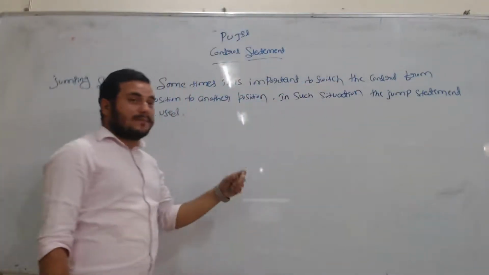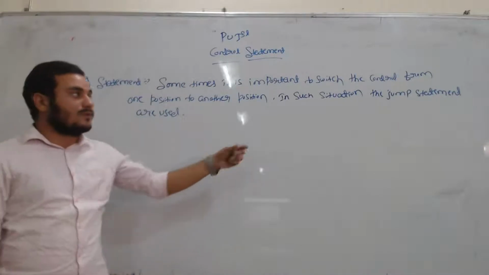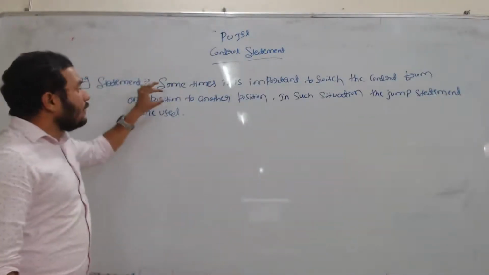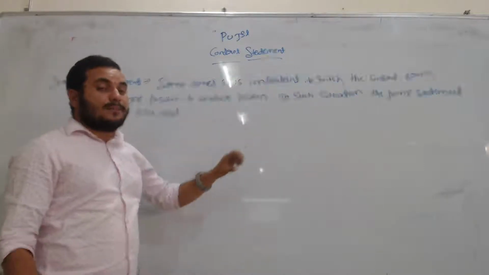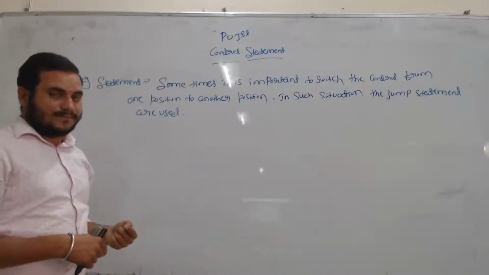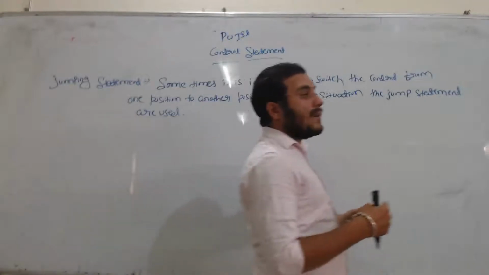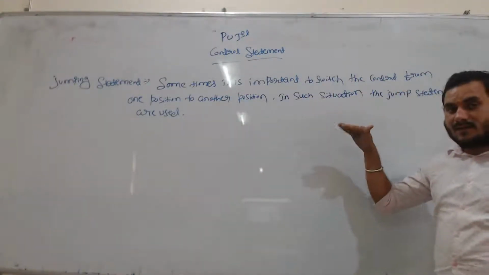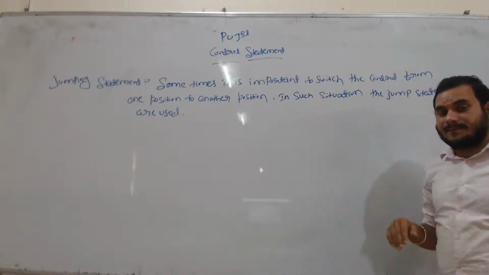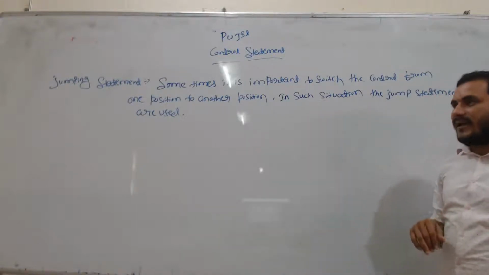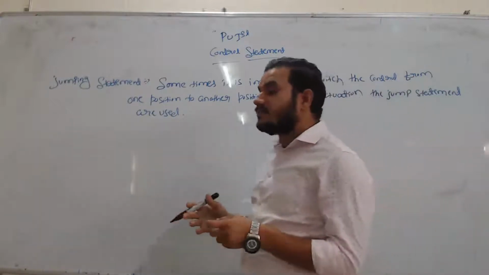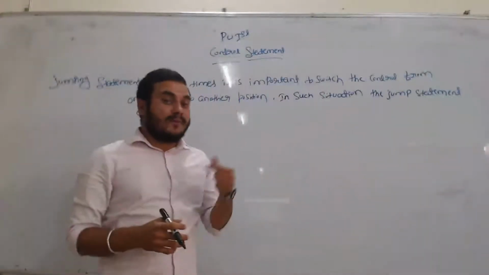Sometimes it is important to switch. Take the example here: it is important to switch the control from one position to another position. The position will be changing, the place will be changing, because it is jumping. You can take other examples. When the network is busy, the call will be jumping.